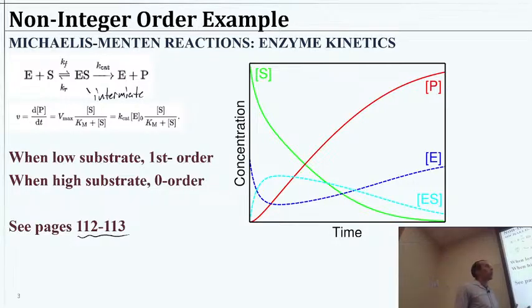And so the plot here is kind of giving an example of that, where we have substrate here being removed, so maybe microbe food being removed over time, some product being made, and it's utilizing some enzyme to do it. And so maybe some sort of biological reaction where the enzyme is being produced.